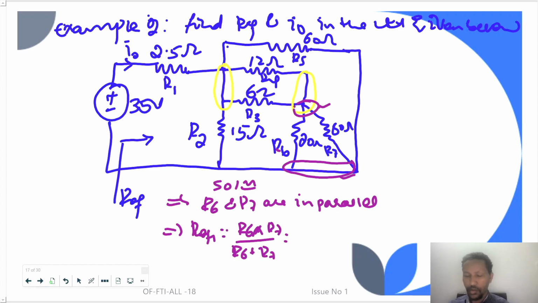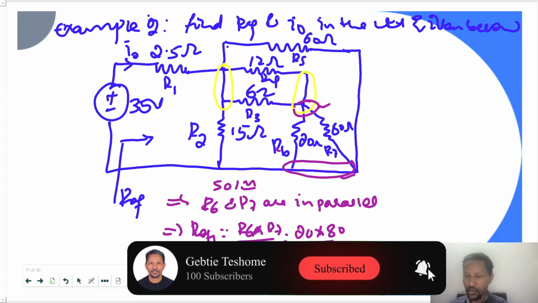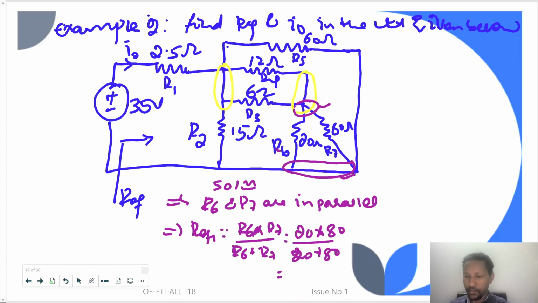So 20 times 80 over 20 plus 80, which equals 16 ohm.